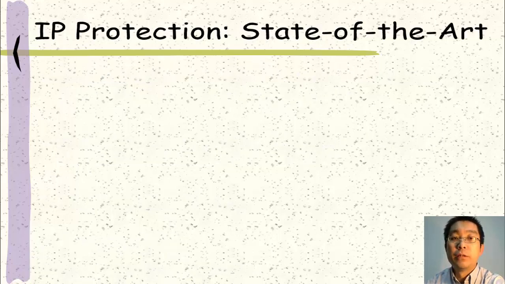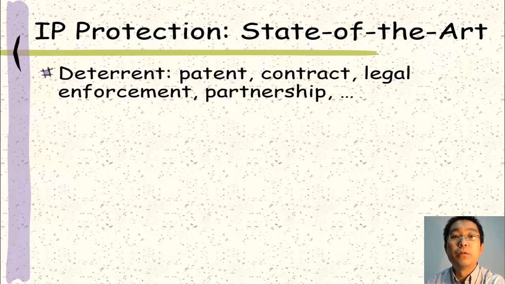In practice, most design IPs are secured by deterrent and protection mechanisms. Commonly used deterrent includes patents, copyrights, contracts, trademarks, and trade secrets.